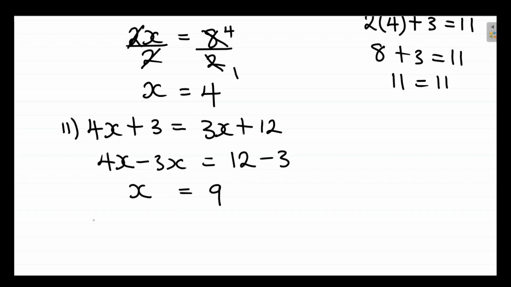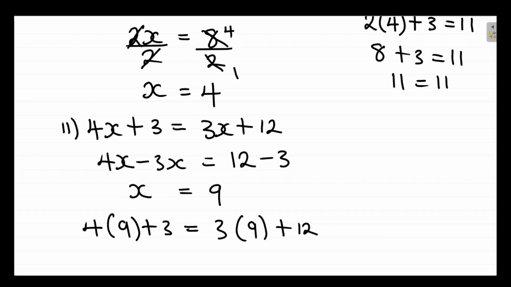If we check also, we see that 4 open bracket 9 plus 3 is equal to 3 open bracket 9 plus 12. So 4 times 9 is equal to 36 plus 3, and 3 times 9 is equal to 27 plus 12.